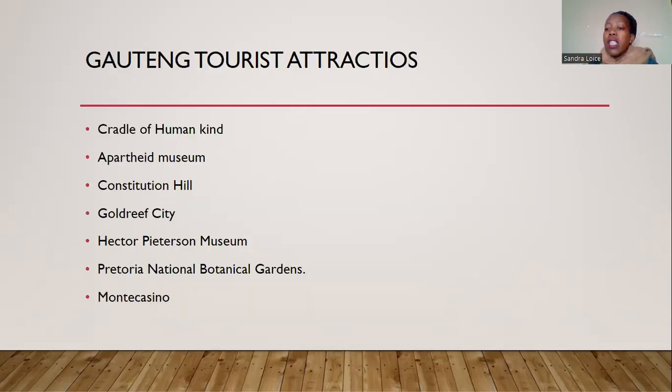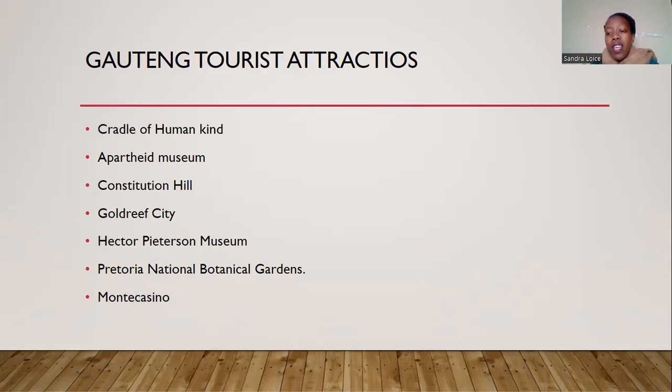So we will then look at the different tourist attractions that we have in Gauteng. We'll just have a few of them, and then we'll just discuss just 2 of them. So we've got the Cradle of Humankind, we have got your Apartheid Museum, we have got your Constitution Hill, your Gold Reef City, the Hector Pieterson Museum, Walter Sisulu National Botanical Gardens, Monte Casino.